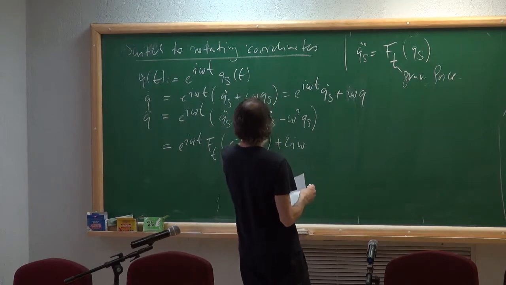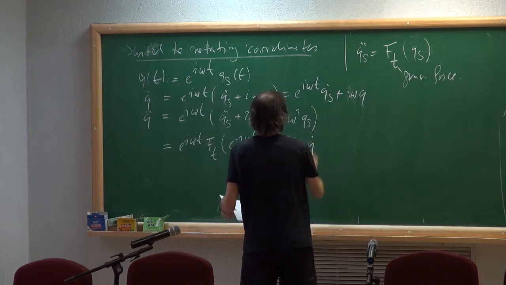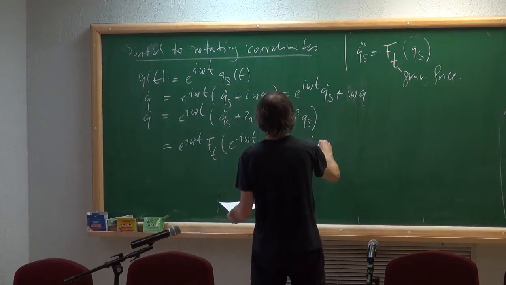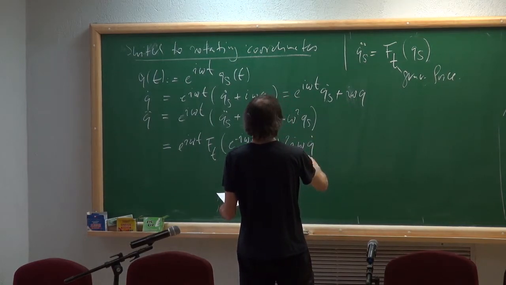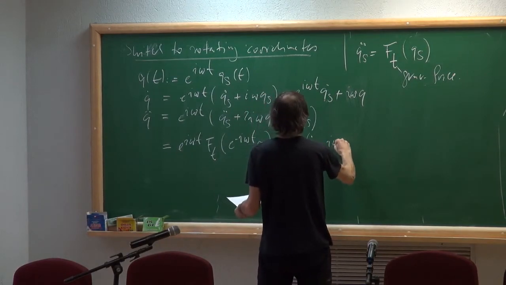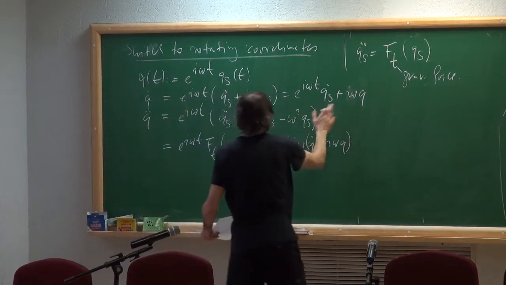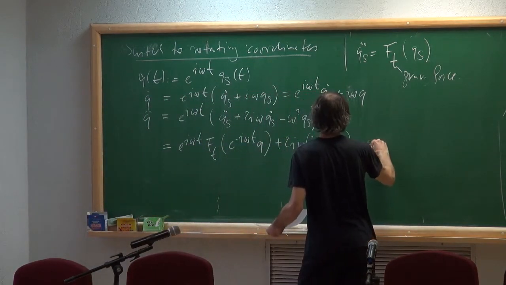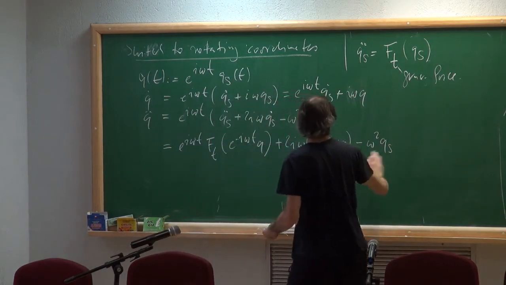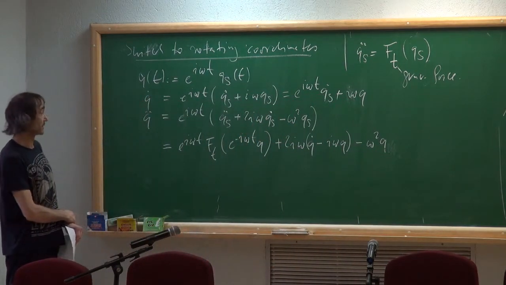So e to the i omega t qs dot is just q dot. And then I need to subtract i omega q, using this relation. And then I still have the third term, and qs times this one gives just q.